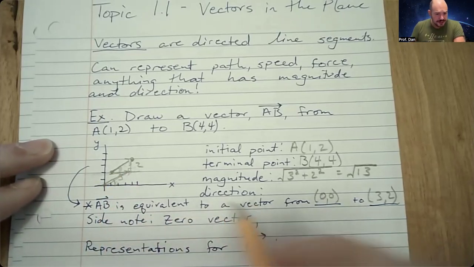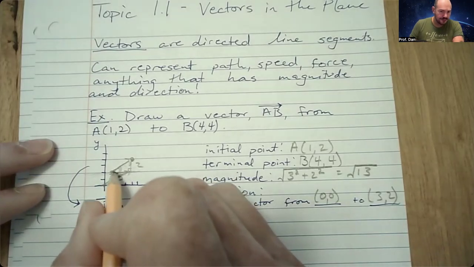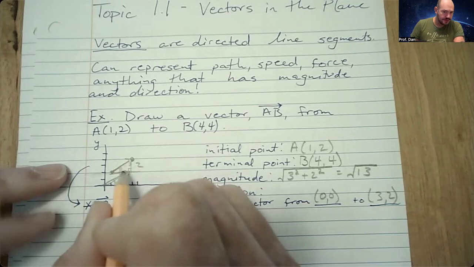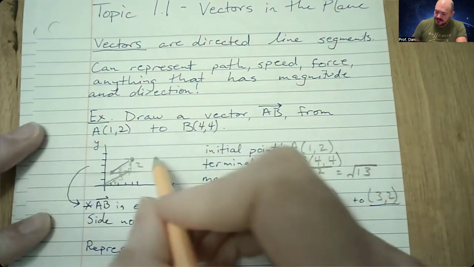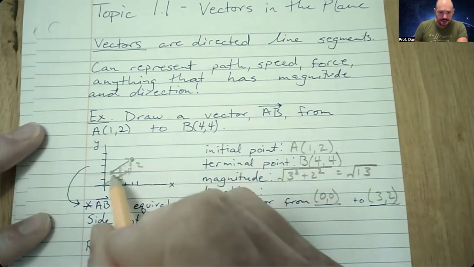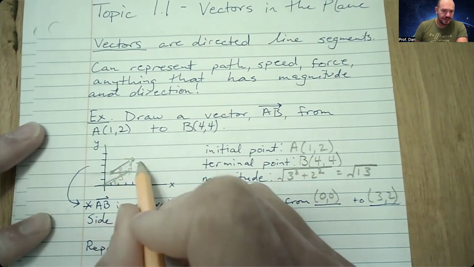All right, now the direction, again, is the angle that's made with the horizontal, right? Basically from the right side horizontal. So if I have a triangle like the one I've drawn here, I know that tangent of this angle, which represents my direction, is 2 over 3.